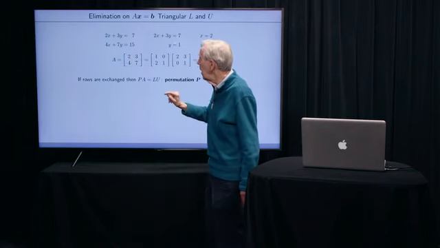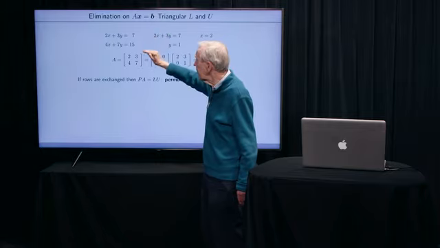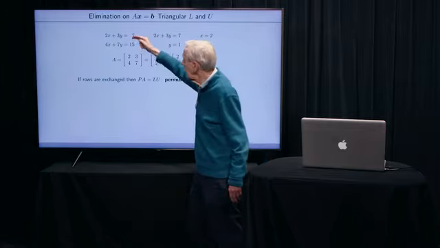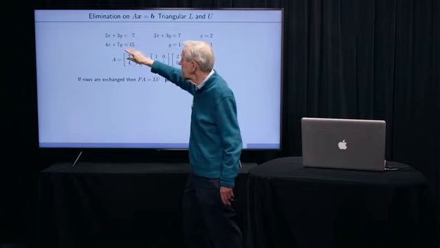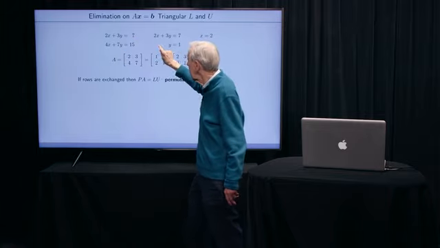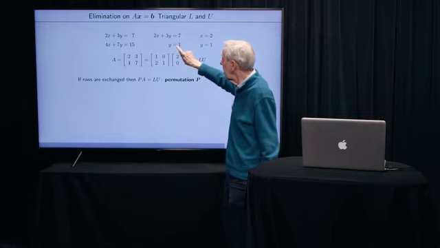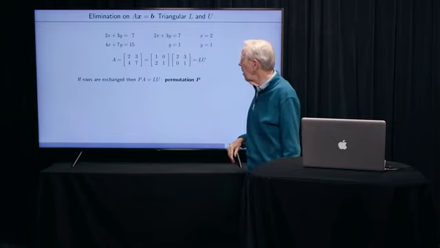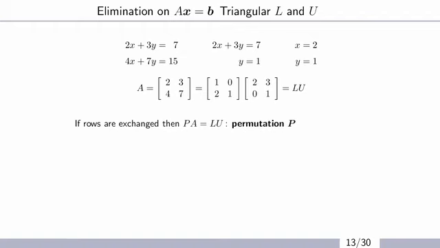It's 2 times that, that's why I chose to multiply by 2. When I subtract it, it's gone. And I'm left with 1y equals 1. So I know the answer y equals 1. And then I go backwards to x equals 2, because 2x plus 3 equals 7. 2x is 4. X is 2.